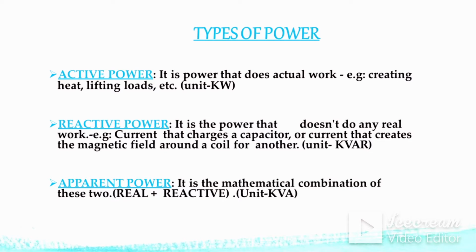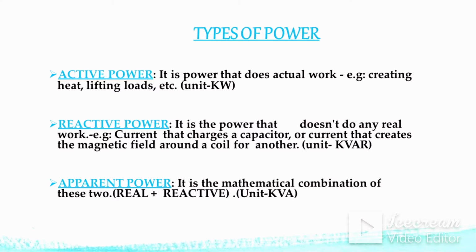This reactive power is mainly generated with the help of capacitors or inductors, present in the form of an electrostatic field or the magnetic field of a coil. It is usually measured in kilovolt ampere reactive.